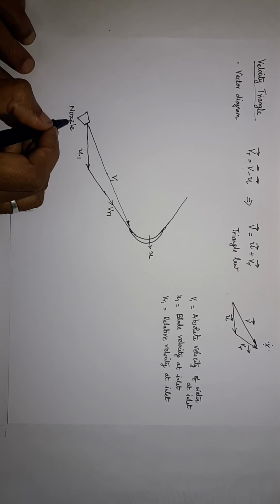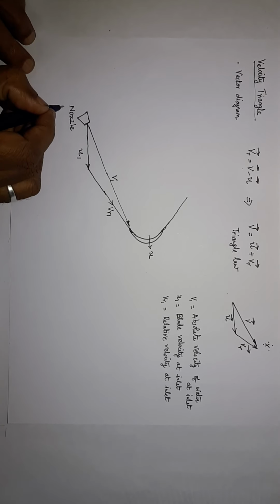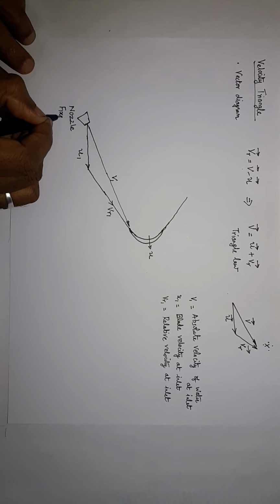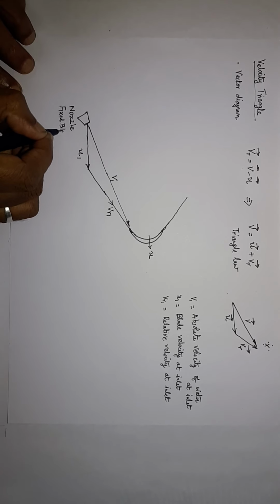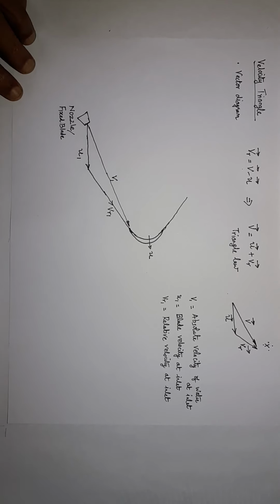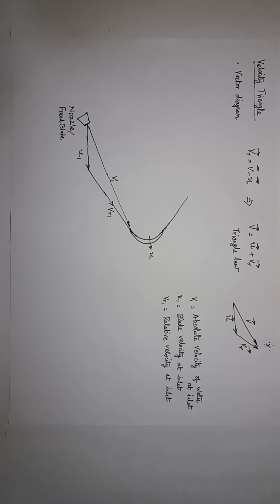If it is a reaction turbine, instead of a nozzle you will have fixed blades. We have already studied and covered all these things. The purpose of the fixed blade is to direct, to guide the flow. Similarly, the nozzle is also a guiding device. Apart from that, it converts pressure energy to kinetic energy.